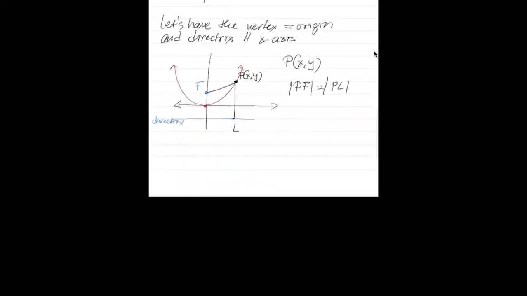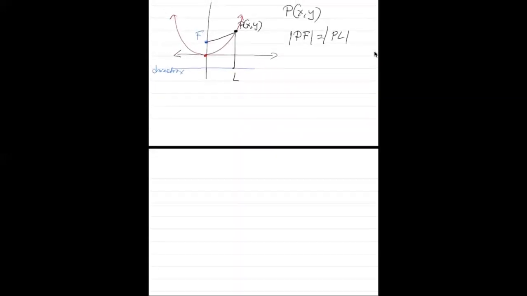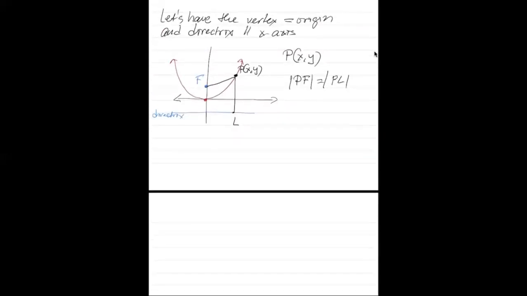So let's calculate PF. PF is the hypotenuse in a right triangle here, so it's equal to the square root of x squared plus (y minus p) squared.